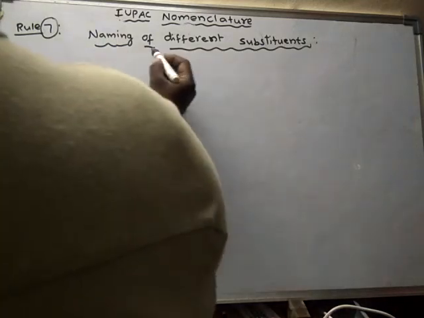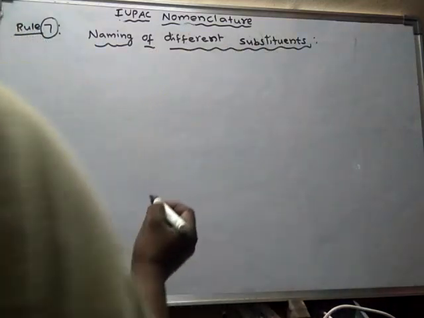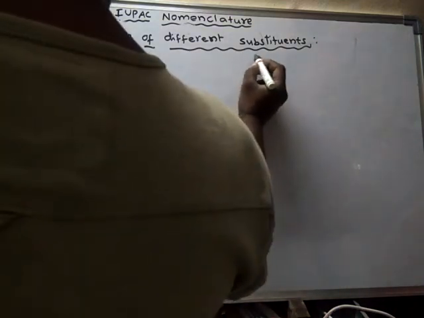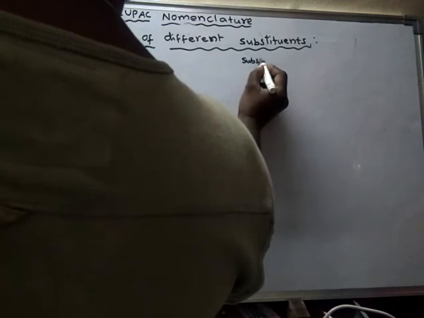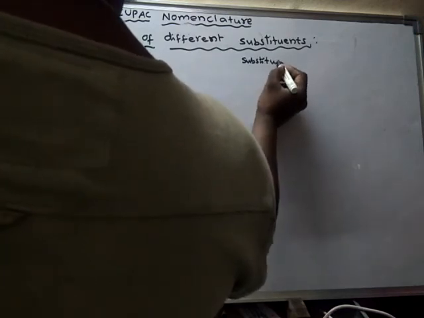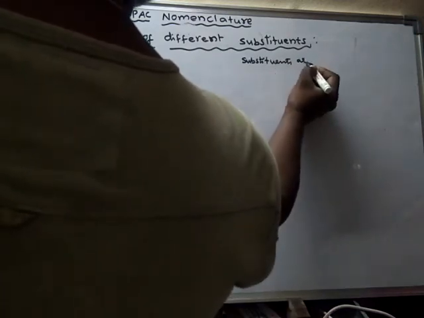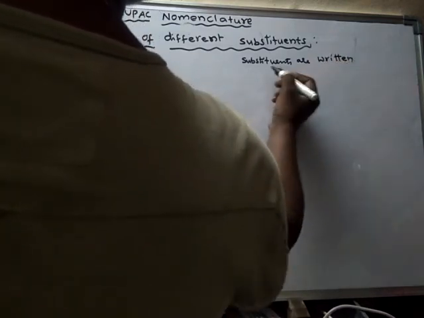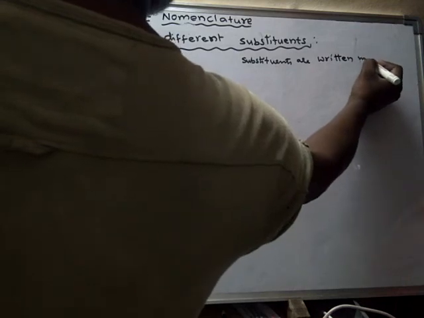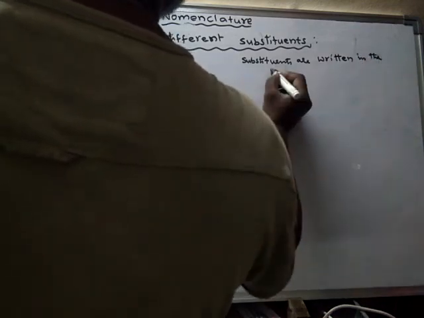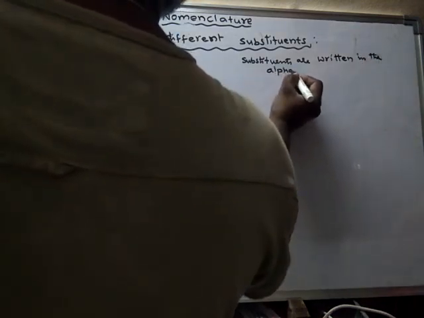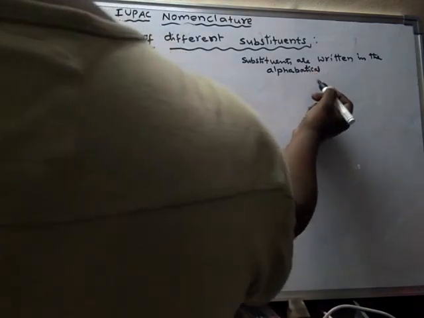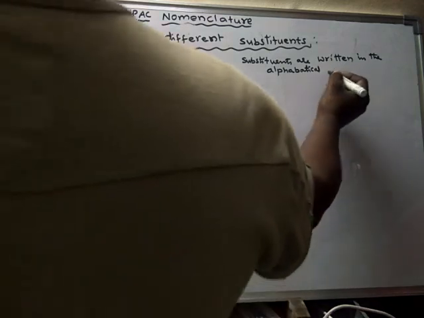If this is the case, when different substituents are present, then the substituents are written in the name in alphabetical order.